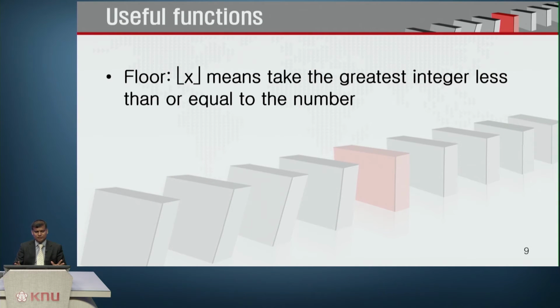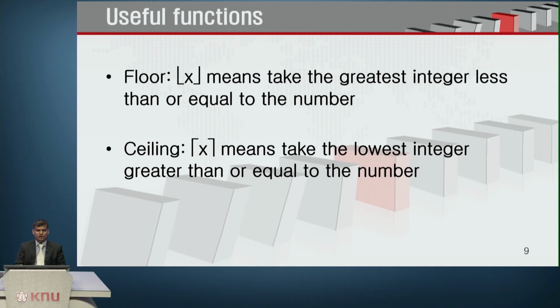Now let's switch the topic a little bit and consider some useful functions that are found in arithmetic as well as mathematics. The first one is the floor function, which is represented as if having a floor there. So floor of x means taking the greatest integer less than or equal to the number, and the ceiling is represented as if it's having a ceiling.